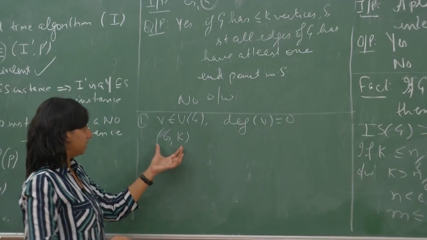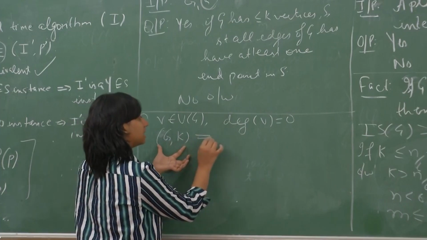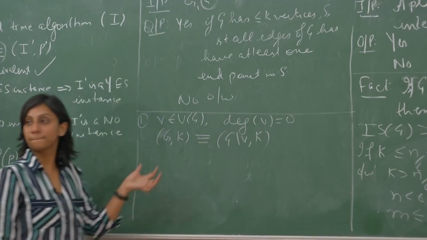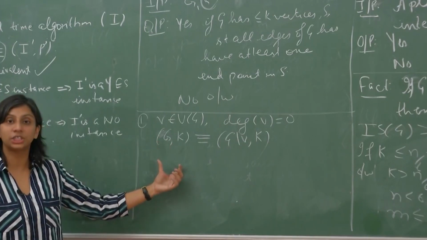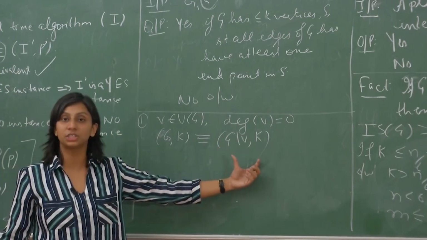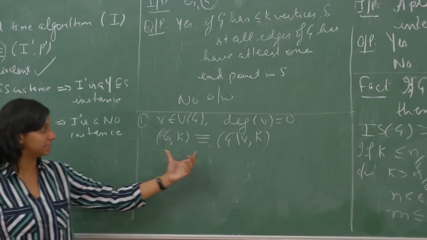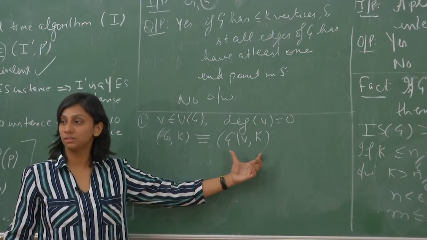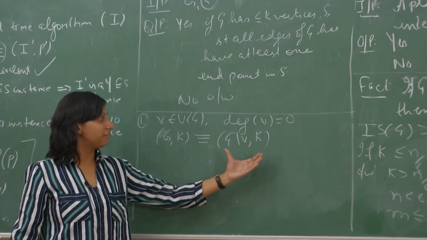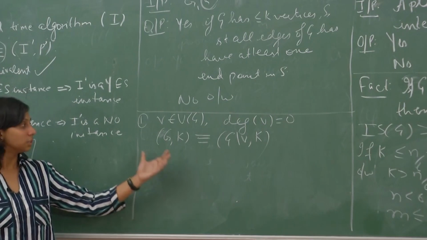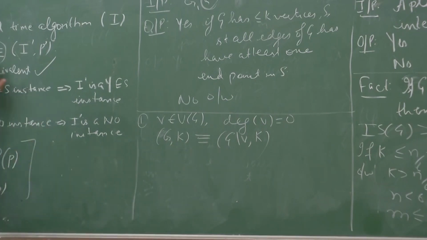Then my claim is that G comma k is equivalent to G minus v comma k. If this had a solution of size k, then this will have a solution of size k, since whatever is the solution here is the solution there also. Similarly, a solution of size k here is a solution there. So these are equivalent instances, right?